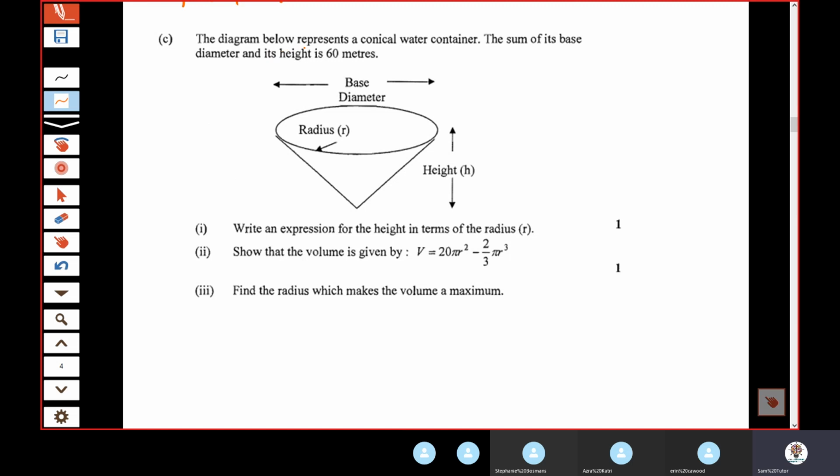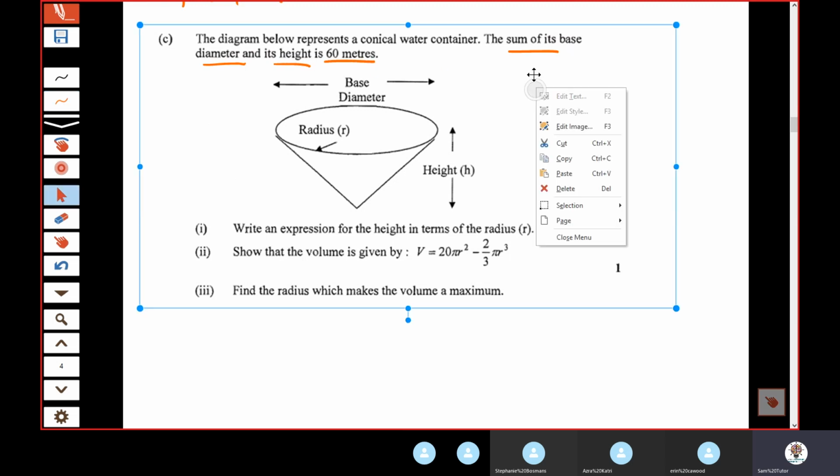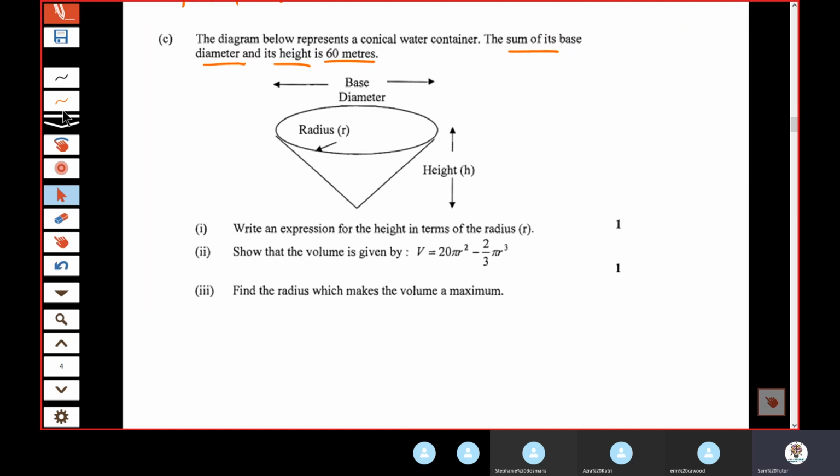The diagram below represents a conical water container. The sum of its base diameter and its height is 60 meters. Hold on, start again. That's super important. The sum of its base diameter and its height is 60. That means, let's call it D, D plus H equals 60.